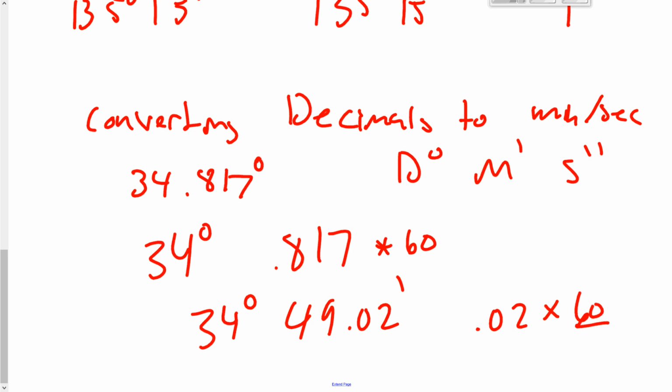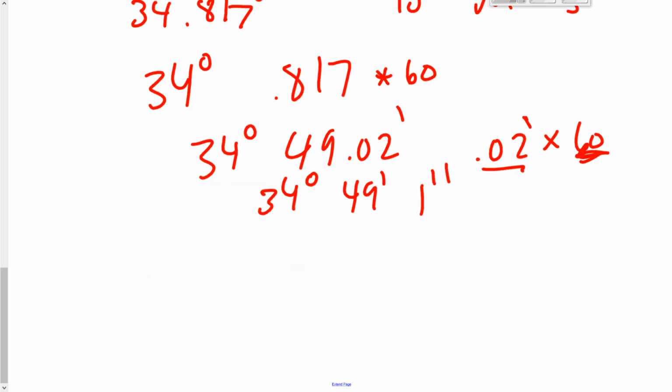There are 60 seconds in 1 minute. So if I multiply 0.02 by 60, I get 1.2. If I round, I get 1 second. So that's my answer going back into the different form.